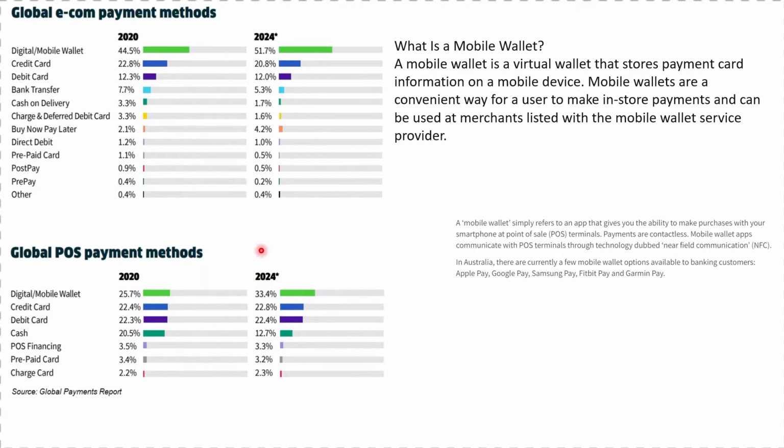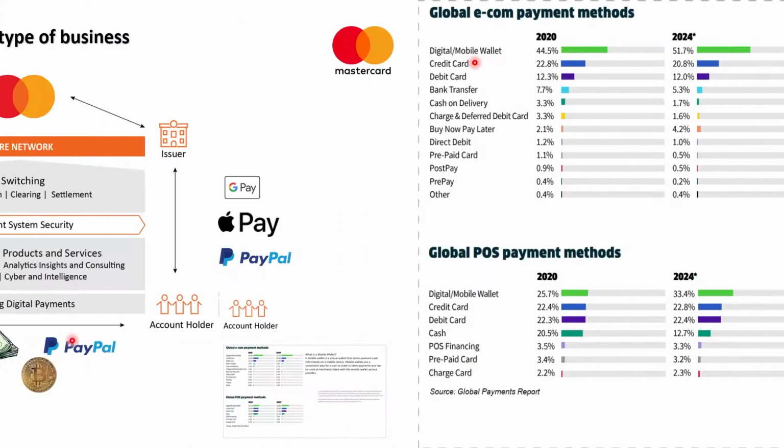And this has accelerated due to COVID and the fact that we are doing lots of things online. So this is the big growth in digital and mobile wallet, which is just a virtual wallet that stores payment card information on the mobile device. So again, every growth in this mobile wallet is going to be a growth for Mastercard.